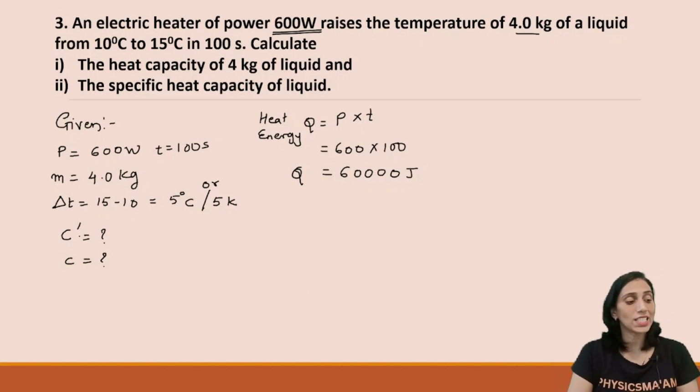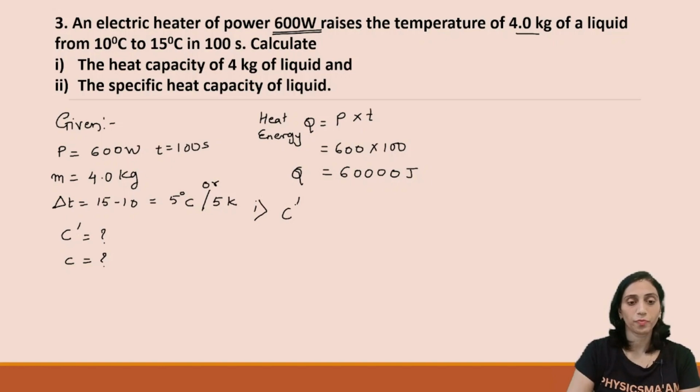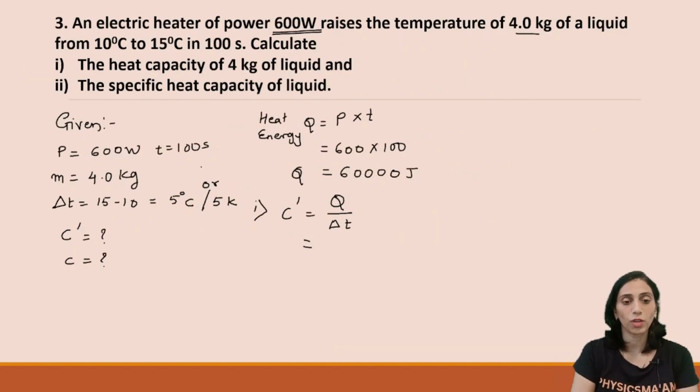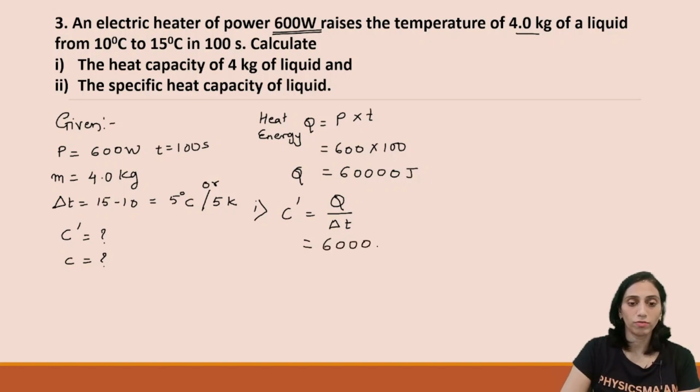Now for C dash, तो ये हमारा first answer है. What is the formula? C dash is equal to Q divided by delta T. Right? कहाँ था ये formula? देखना है? Okay, देखो. C dash is equal to Q by delta T. Right? Okay, so I use that formula. I come here, I write 60,000 divided by delta T, temperature change कितना है? 5.